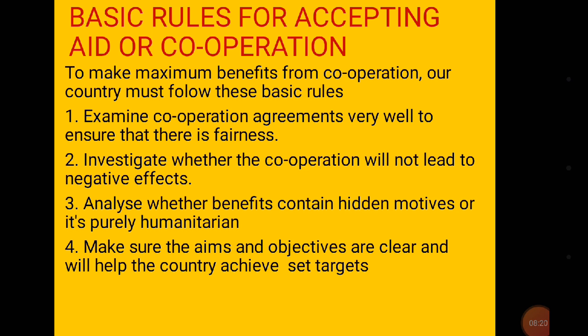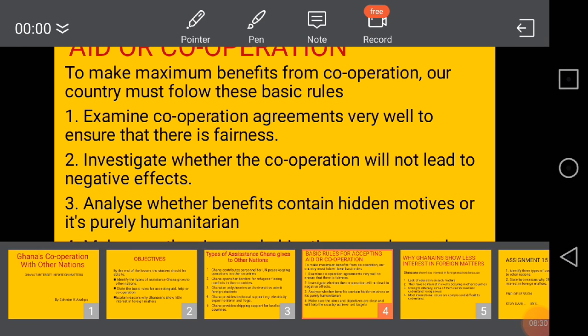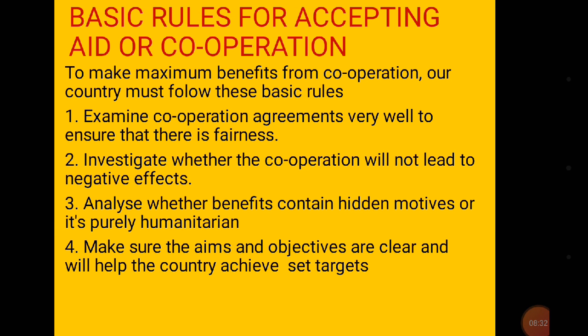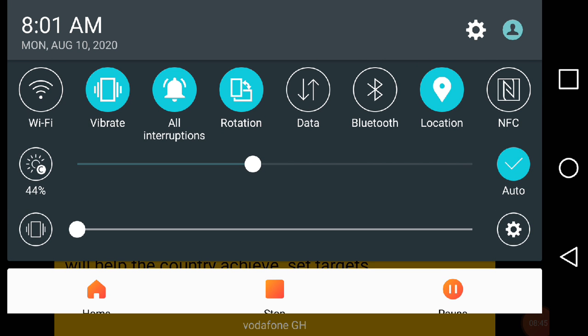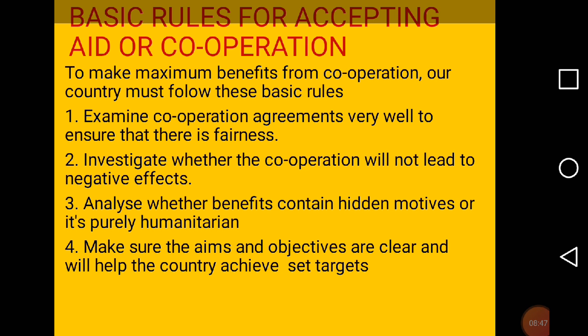And all that must be figured out to ensure that the assistance they are giving is purely humanitarian and there are no hidden motives contained. Then they should also make sure the aims and objectives are clear and will help the country achieve its set targets.